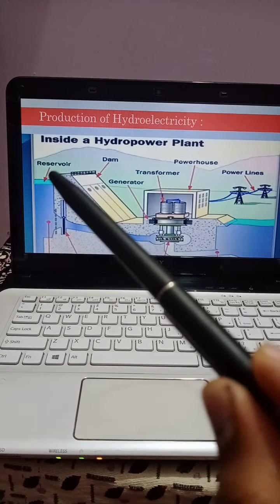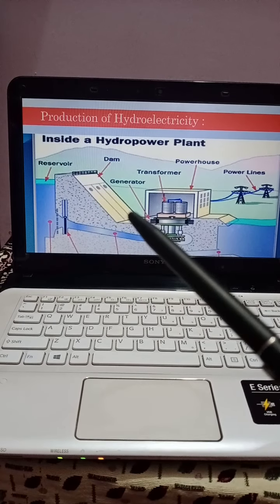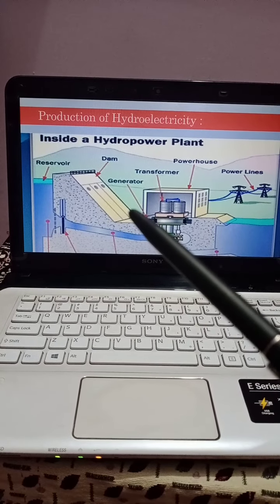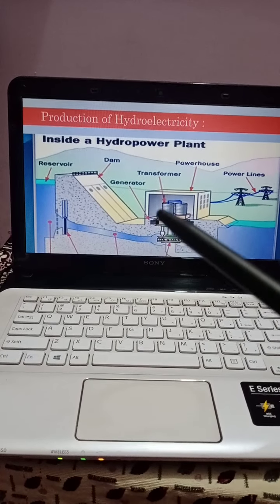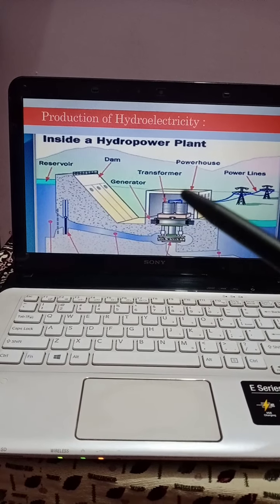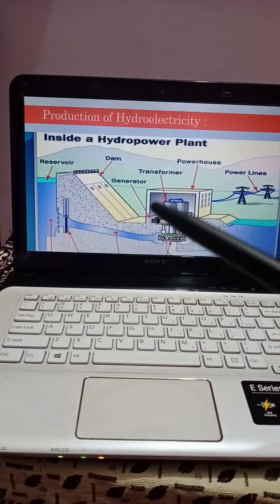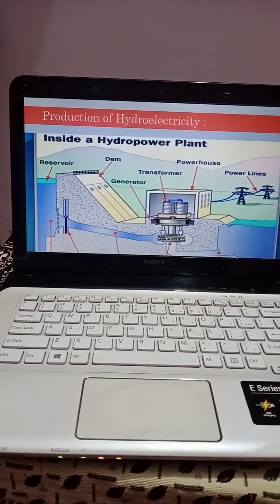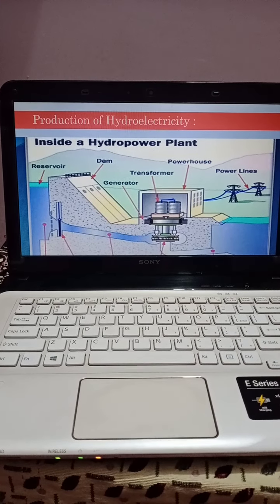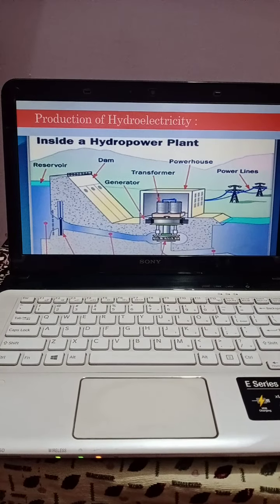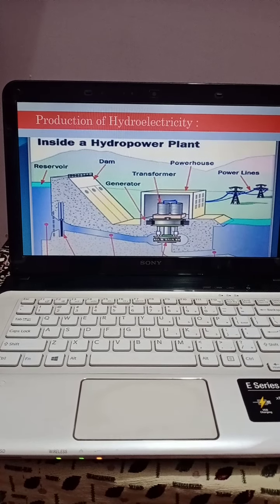Whatever potential energy the water was having, it has converted into kinetic energy. And with however much kinetic energy this water has, with that kinetic energy the electricity is generated. So this is the example of the law of conservation of energy in hydroelectricity.